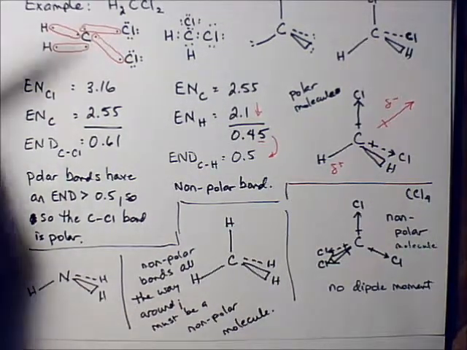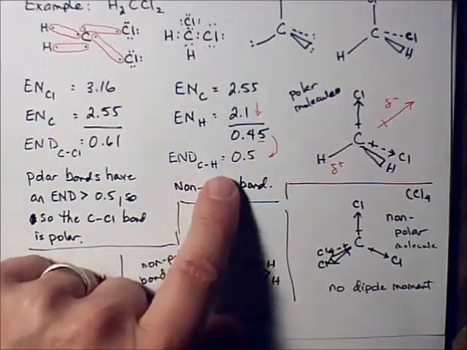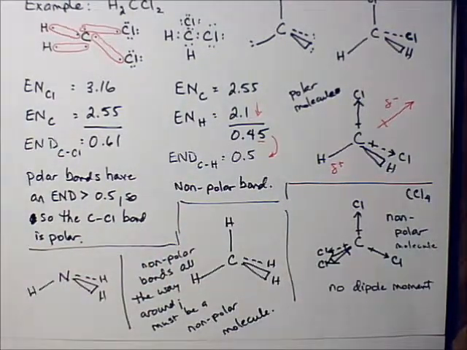Without doing the calculations on paper, since I showed you how to do calculations for electronegativity, I'm just going to give you the electronegativity difference with this one. Nitrogen's 3.04, hydrogen's 2.1.